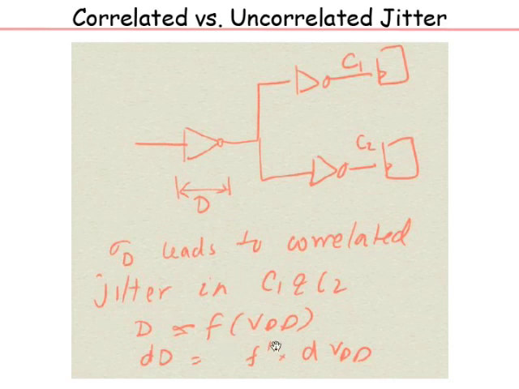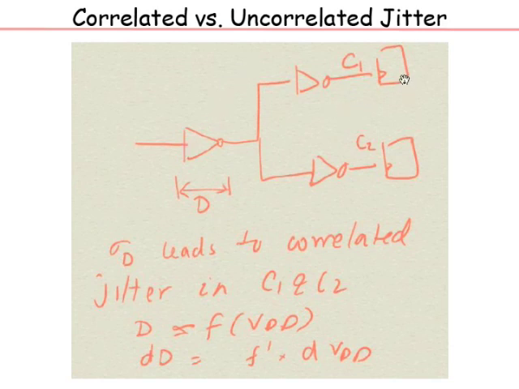That means this will fluctuate, this will fluctuate, this will fluctuate. Now, any fluctuation in delay out here is seen by both the nodes C1 and C2. So C1 and C2 both will move together because of fluctuations in D. So they are correlated variations, correlated jitter, which you don't mind too much.